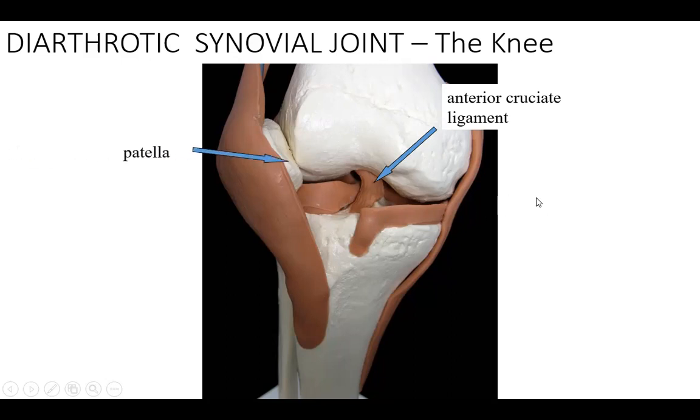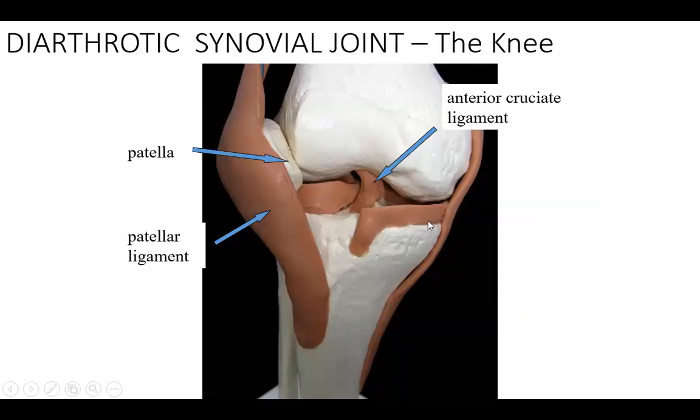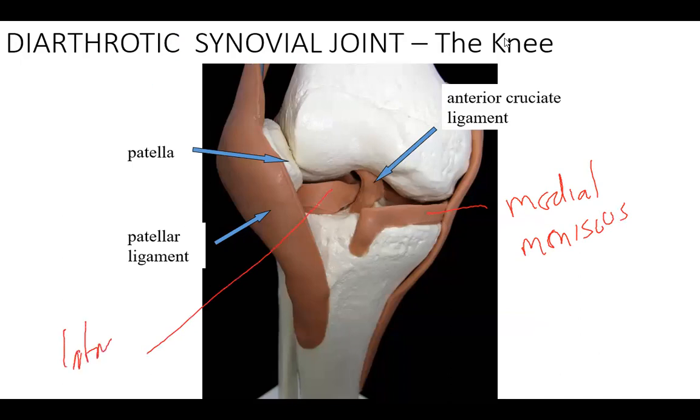And there's the patellar ligament. And let me go back. This is the medial meniscus. This is the lateral meniscus. This is the medial condyle.